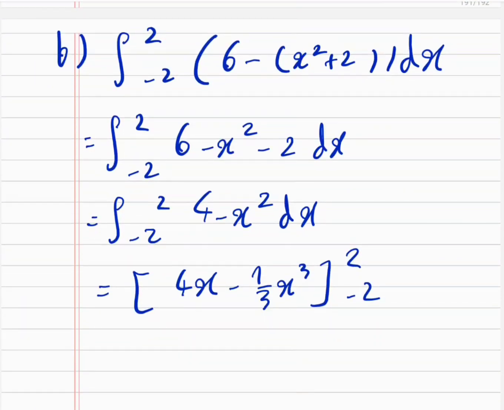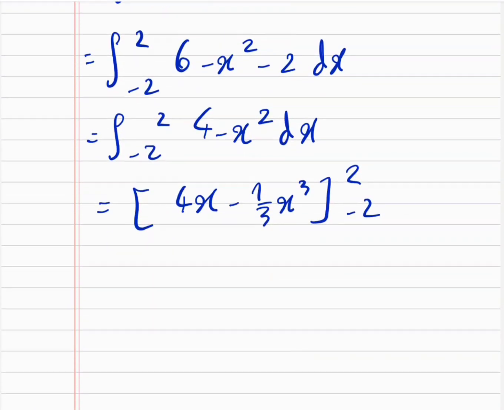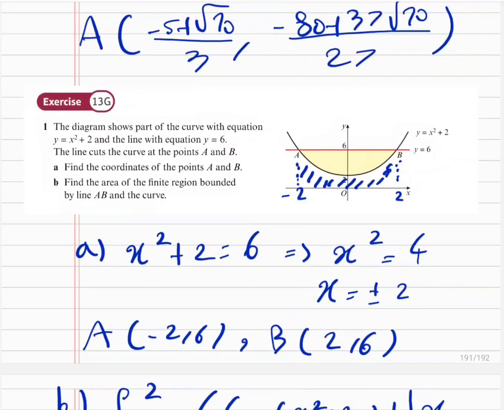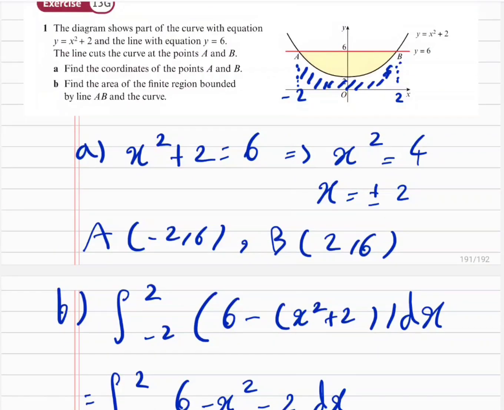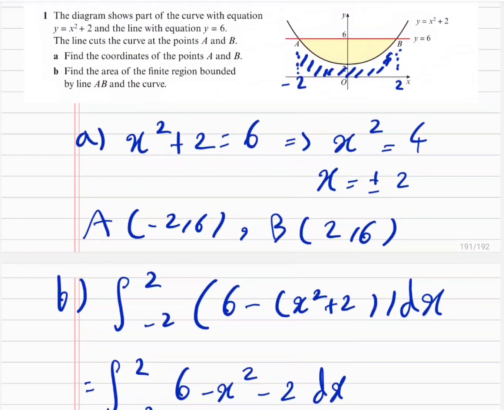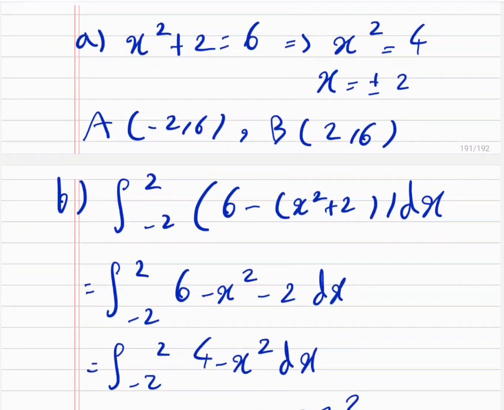At this point, we just substitute 2 and minus 2, and we'll get 32/3. So this is the area of the yellow region. We found the total because 6 gives us the total area, and then x squared plus 2 gives us the area of the white region. That's why we take that away to get the yellow region.